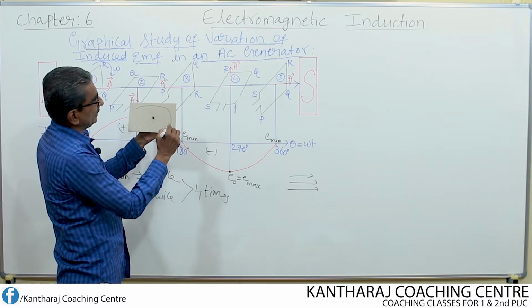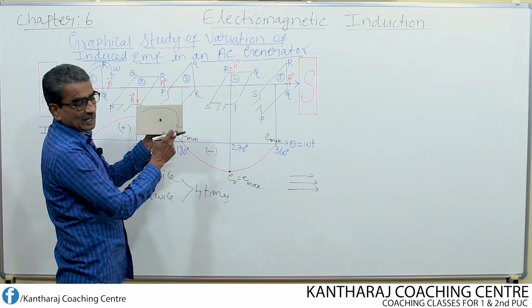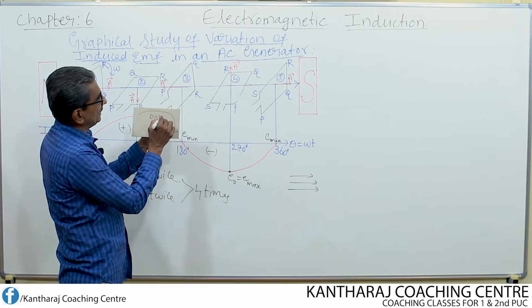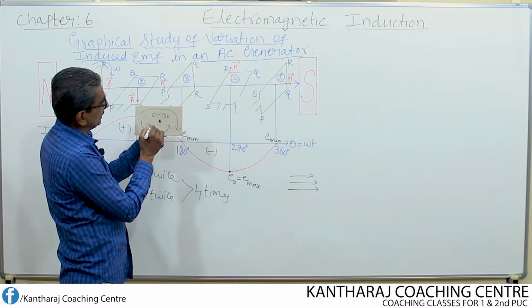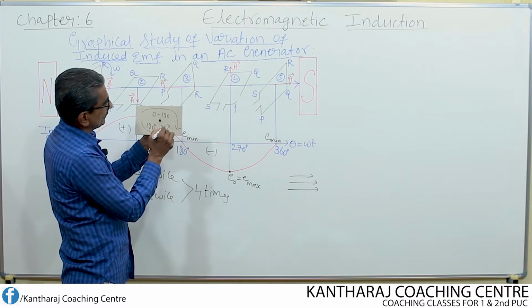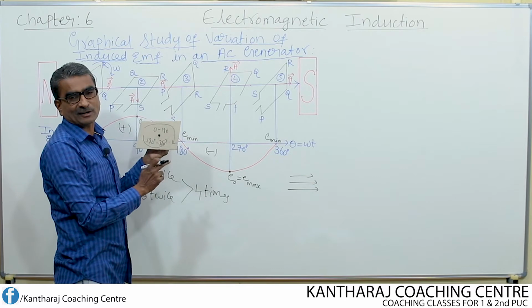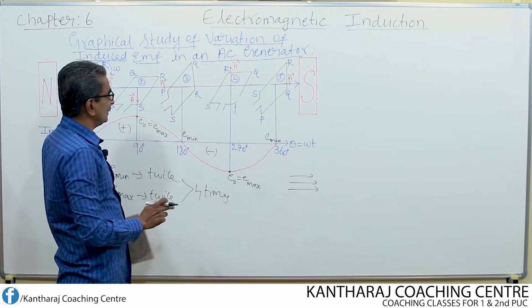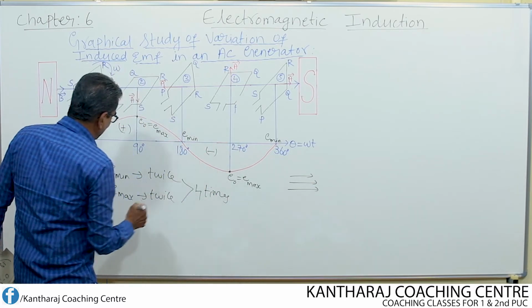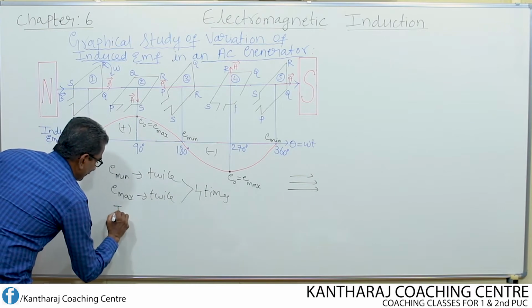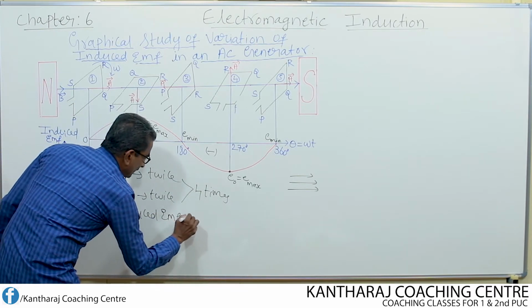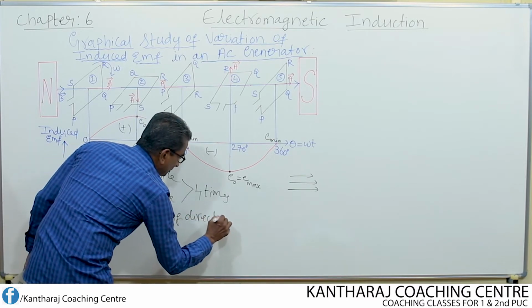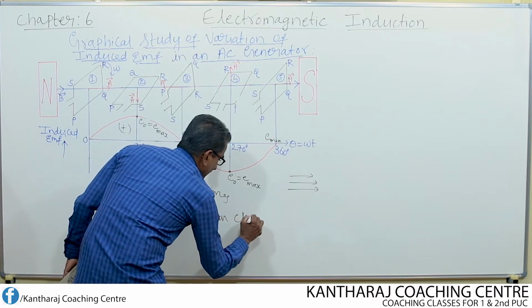So the induced EMF is in the clockwise direction from 0 to 180 degrees, and again from 180 to 360 degrees it is in the anti-clockwise direction, that means opposite. That is why the direction of induced EMF changes twice.